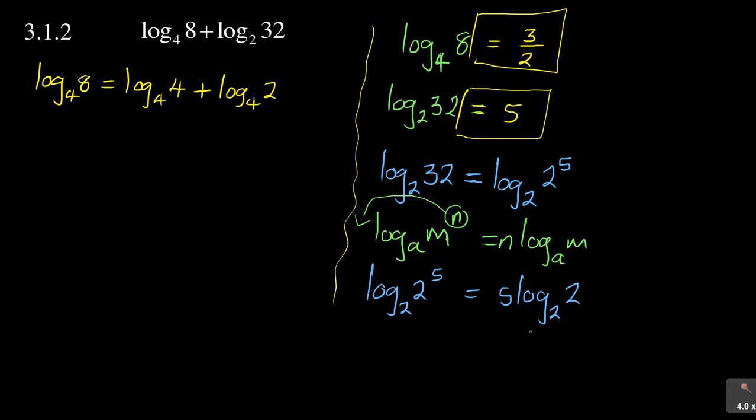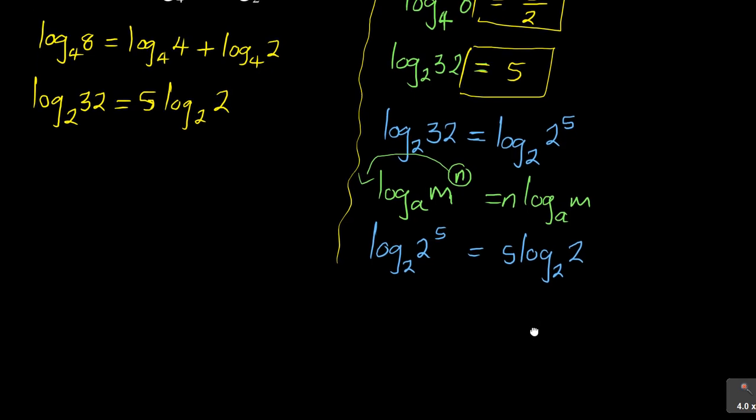So I can conclude that log 2 of 32 is equal to 5 log 2 of 2.